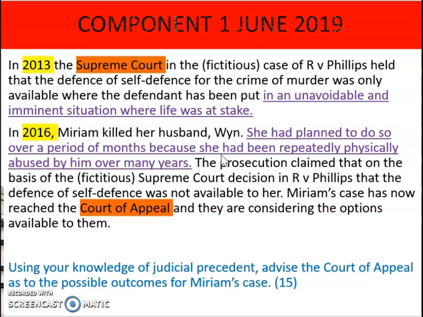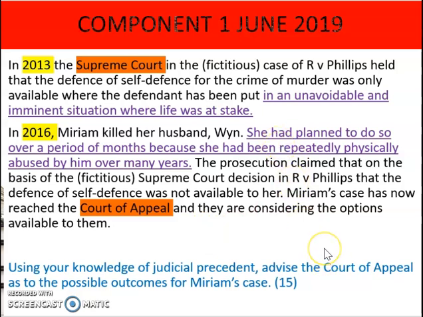So you could argue that this is a different situation, and therefore maybe we don't have to follow that. Now here, you can't apply Young and Bristol Aeroplane because the Court of Appeal is not trying to avoid its own previous decision, it's trying to avoid a Supreme Court decision. So the only thing it can do is distinguish.